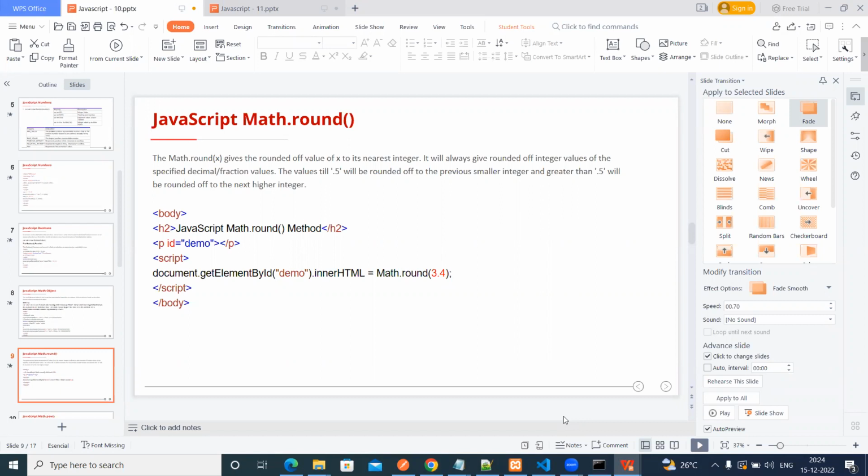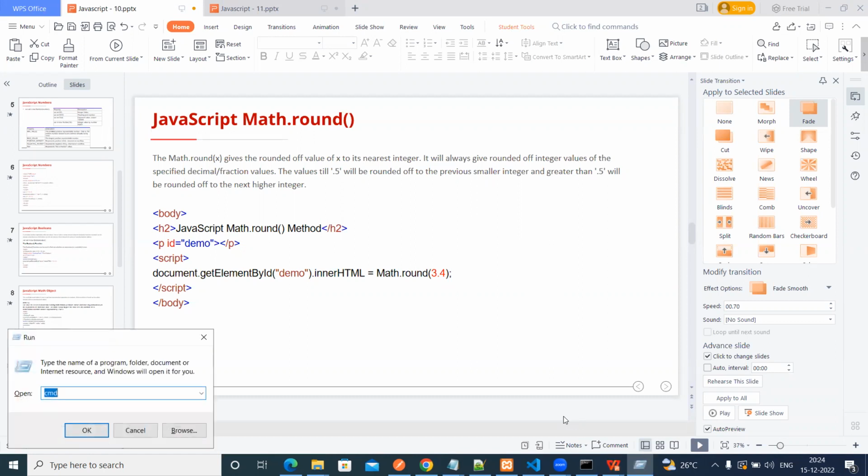It will always give the rounded integer value of the specified decimal or fraction value. If the value is below 0.5, it will round to the previous smaller integer, and if it is greater than 0.5, it will be rounded to the next integer.